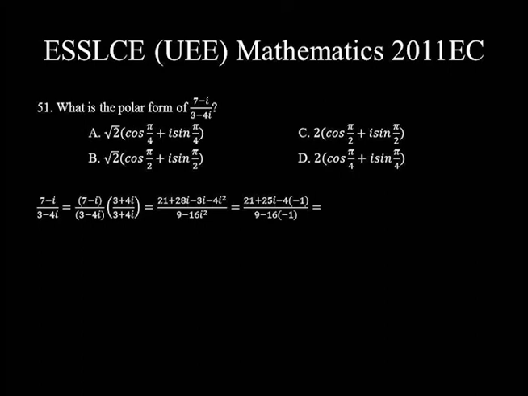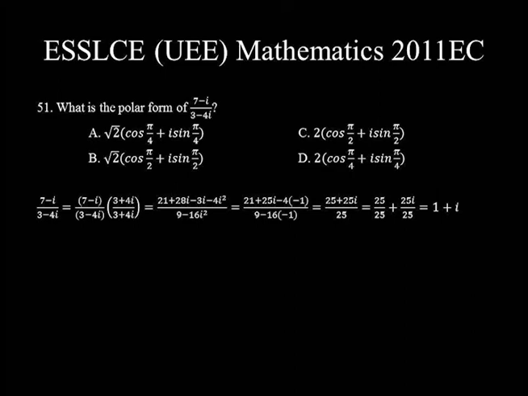Negative 4 times negative 1 is positive 4. Positive 4 plus 21 is 25, plus 25i, divided by negative 16 times negative 1, which is positive 16. 9 plus 16 is 25. Let's split this expression, that's 25 over 25 plus 25i over 25, which is equal to 25 divided by 25 is 1, plus 25i divided by 25 is i.